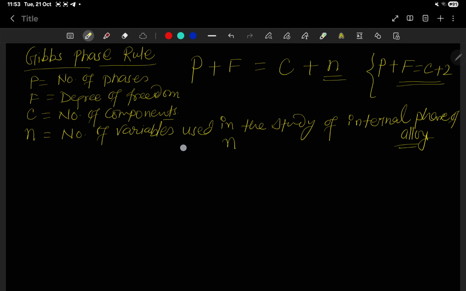N depends on temperature, pressure, and composition.